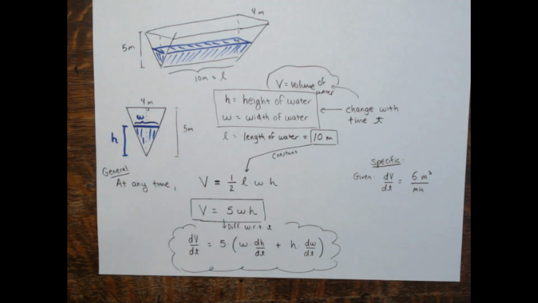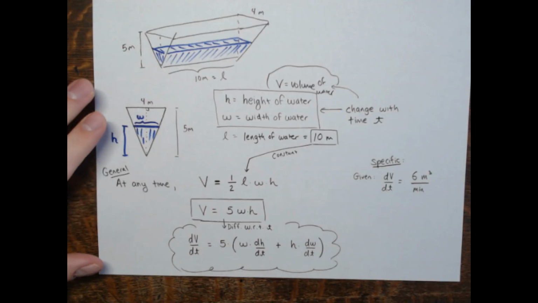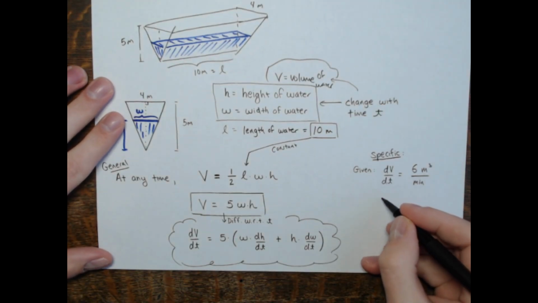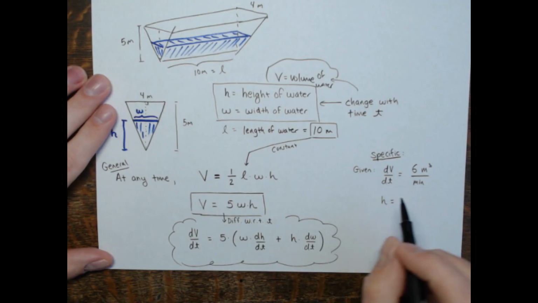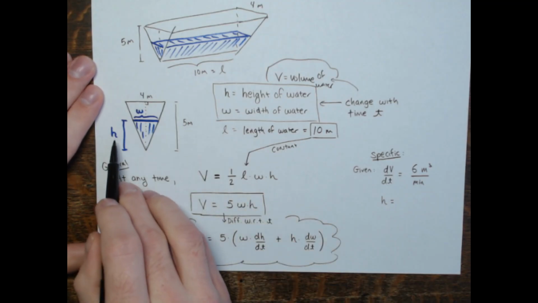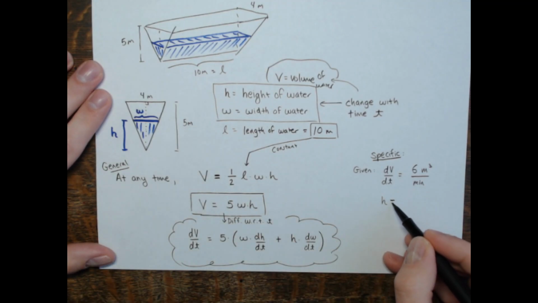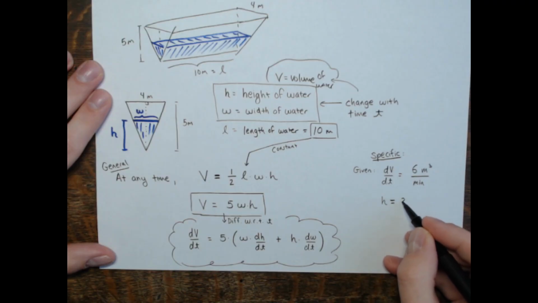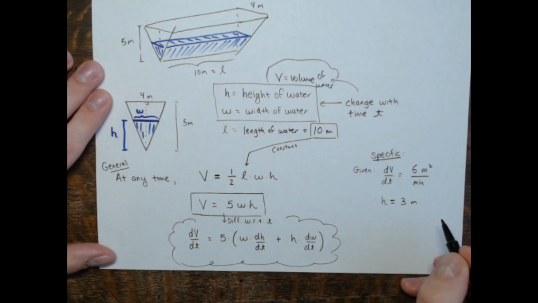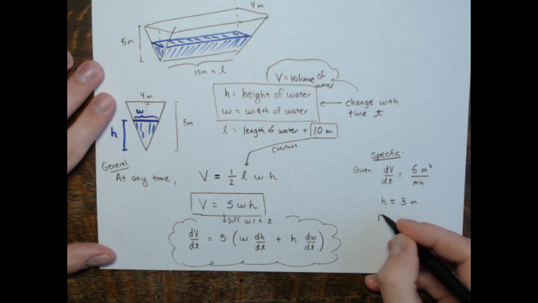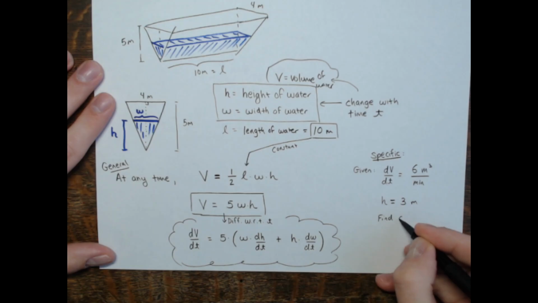There would be more and more water. So a positive rate of change. And then they told us the depth of the water. So that's the height, H. So the height of this water when it's 3 meters deep. They say find dH/dt.